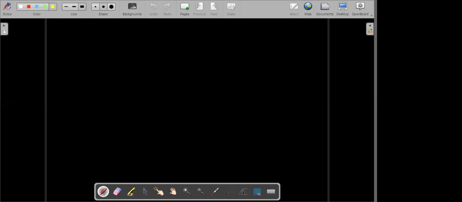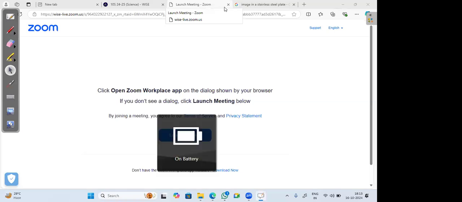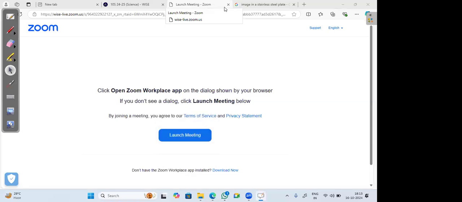Okay, so let's continue. So in metals, we had to do corrosion. All right, corrosion was left, and one more topic was left after corrosion.